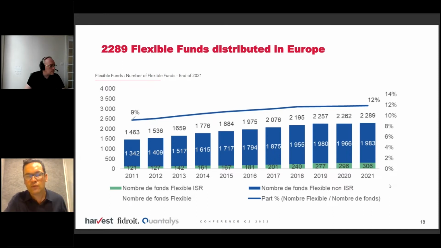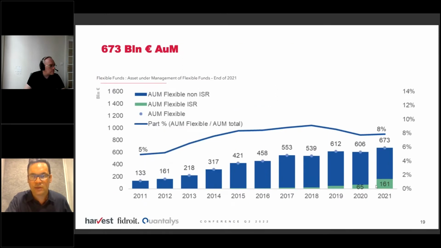Next slide, you have the assets under management, so close to 700 billion euro for the flexible funds, 8% of the industry in terms of assets. If you aggregate the assets of the allocation funds, you will get 16–17% of the industry in Europe in terms of assets under management.